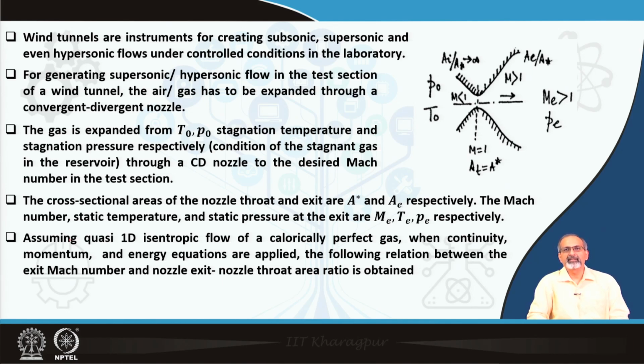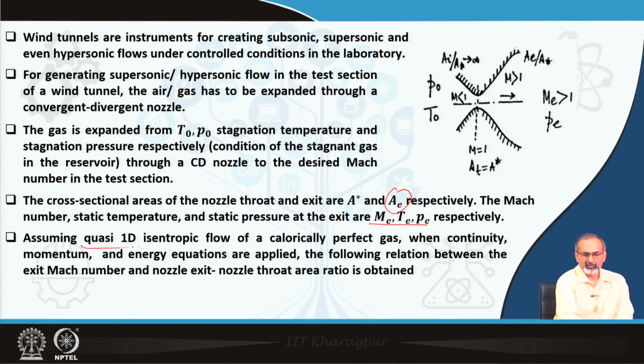We call this the throat area A star, and the test section area or the exit area is often referred to as AE, and the properties at the exit section or the test section are given by Mach number, temperature, pressure, etc., with the subscript E.